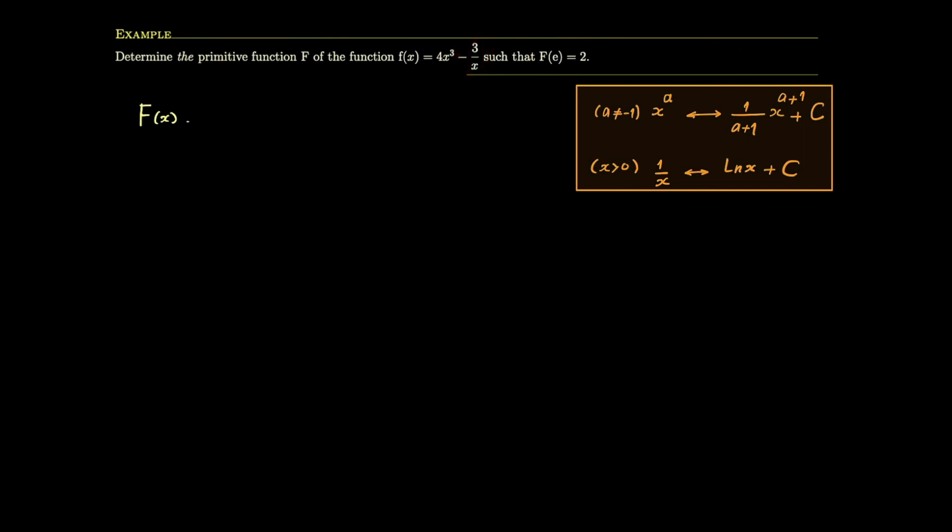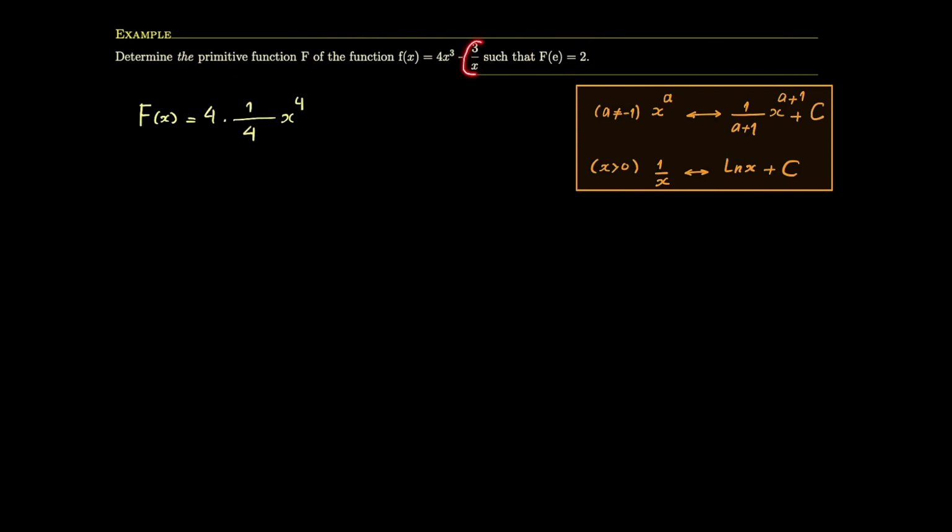For the first one, I have a 4, but for x to power 3, I use this formula by giving the role of 3 to a. So the answer becomes 1 over a plus 1, which is again 4, x to the power of 4.